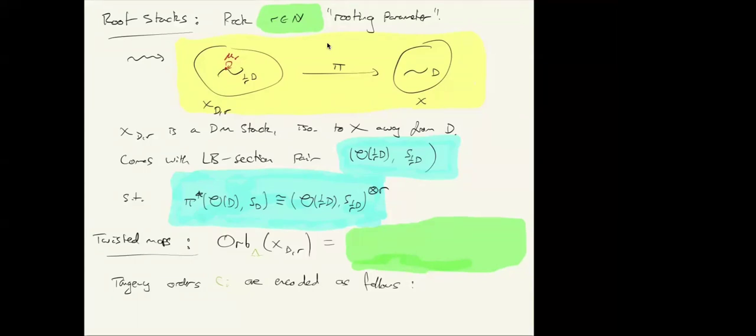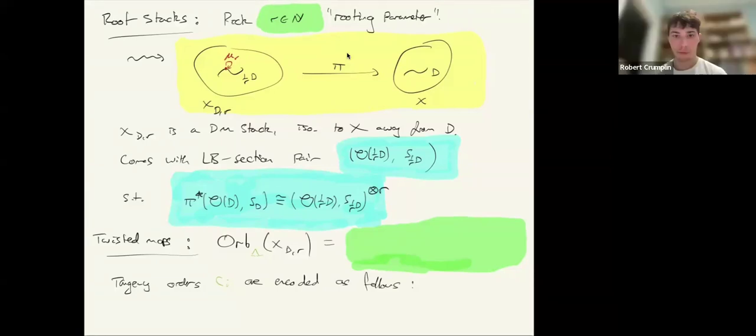Is there a relation between this and the cyclic trick? Oh, sorry, could you say that one more time?